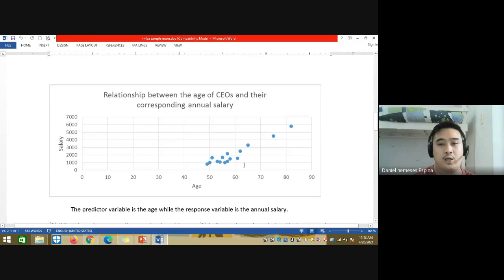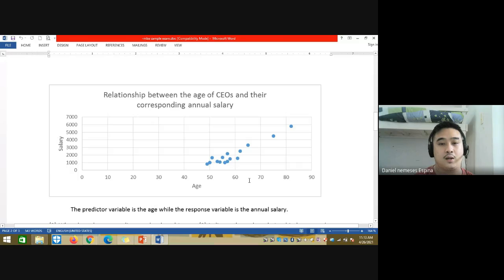Even without a regression line, as you can see, the movement is upward sloping. The data points are upward sloping, so it means that the relationship between the age and the salary is positive, or directly proportional. They are directly related.